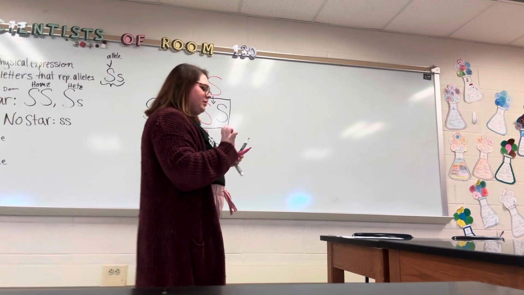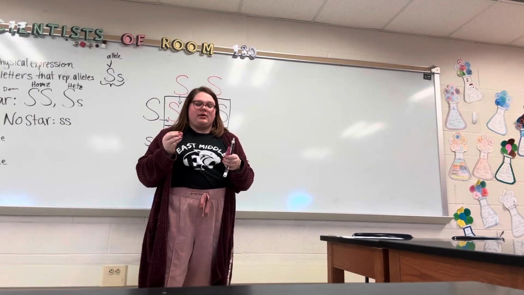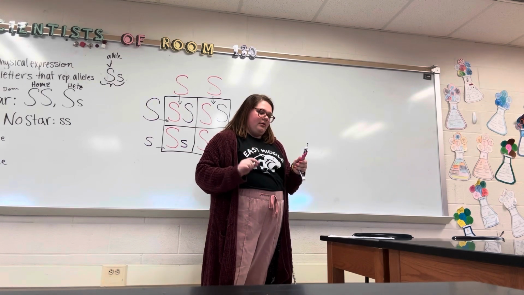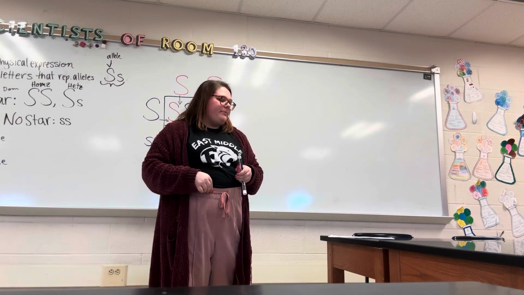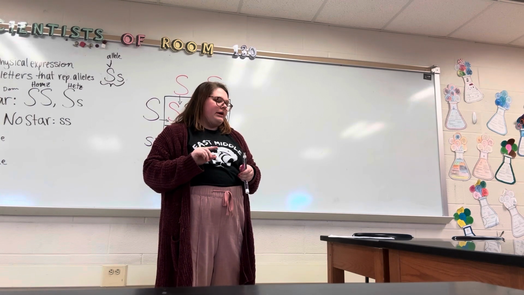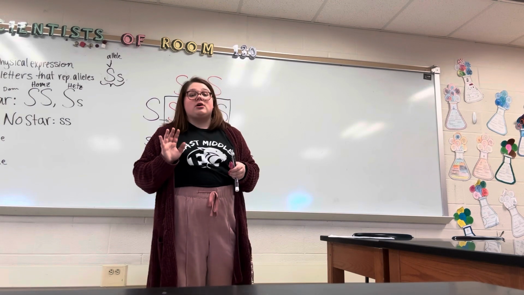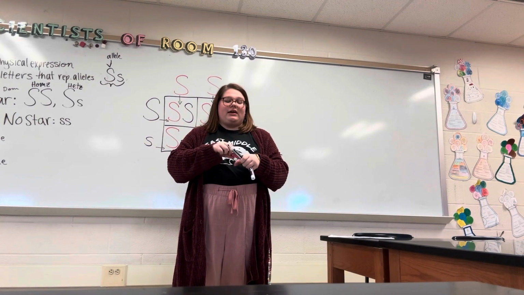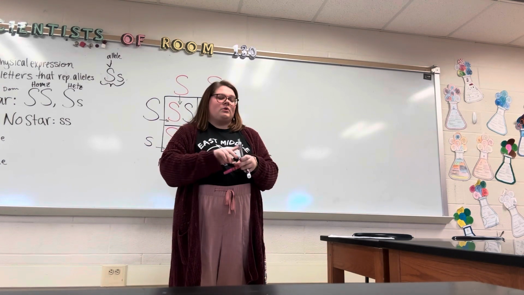Okay, now our Punnett square is complete. We have 2 more questions to go with that, A and B. It says, what is the probability the offspring would have a star, and what is the probability the offspring would not have a star? We're going to do all of this in percentages, and I know what you're thinking. Ew, math, I know, okay?